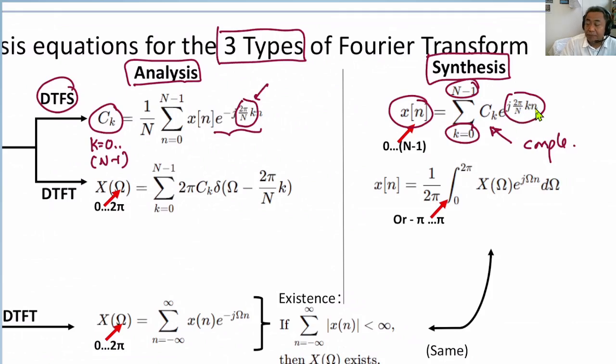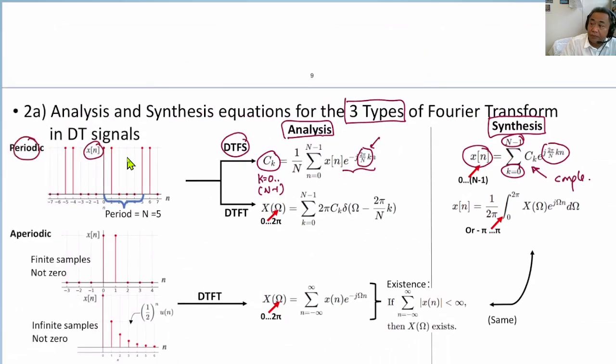Now, in most books, we will stop here and say that if this is a periodic signal, we use the DTFS. But actually, you can use the discrete time Fourier transform. What is the discrete time Fourier transform? Well, it's actually the bottom line here. The Fourier transform is nothing but the Fourier transform of an aperiodic signal, but it can also be applied for a periodic signal.